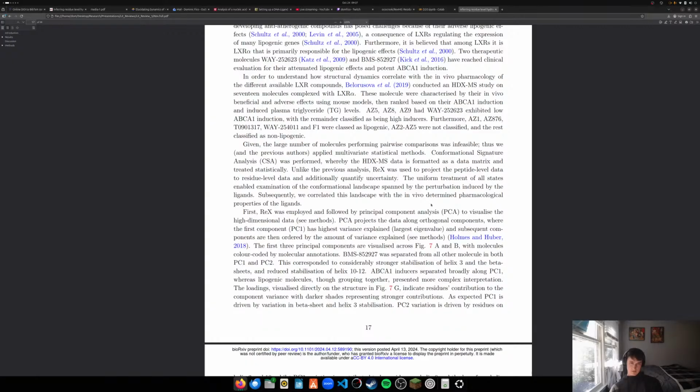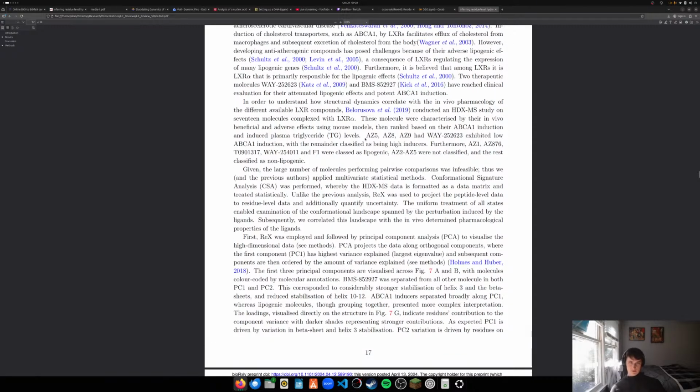So they correlated the landscape of differences in uptake patterns to the pharmacological properties of ligands. Wow. And how many ligands were there?